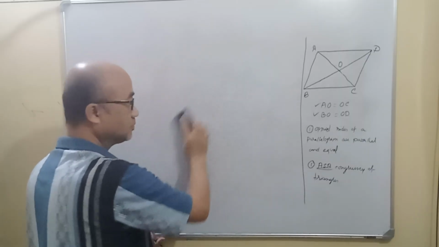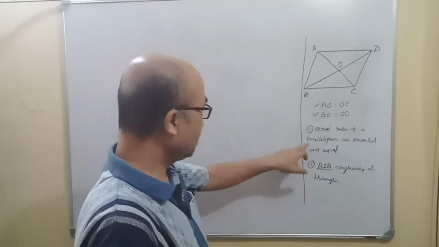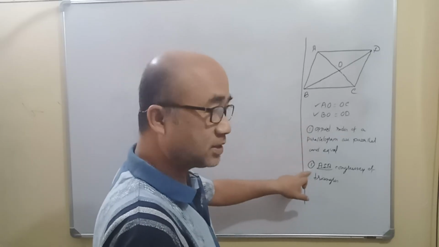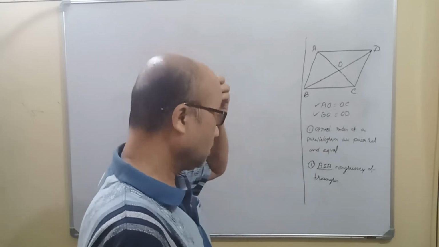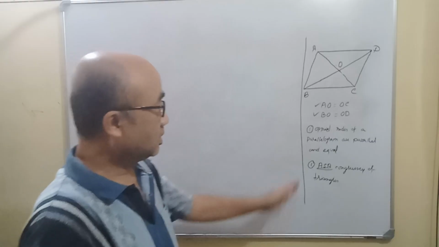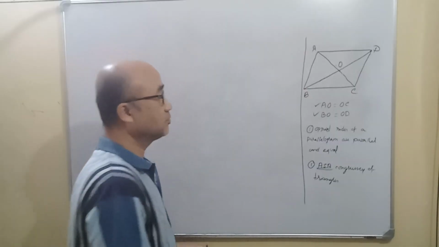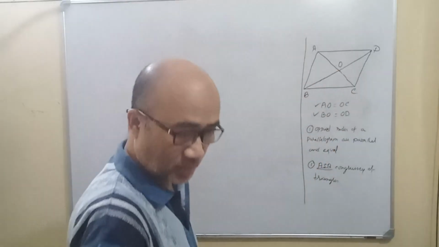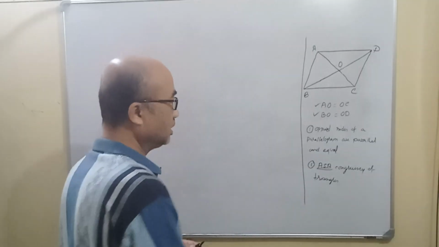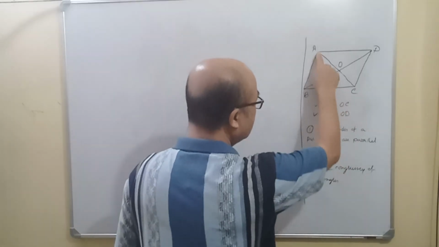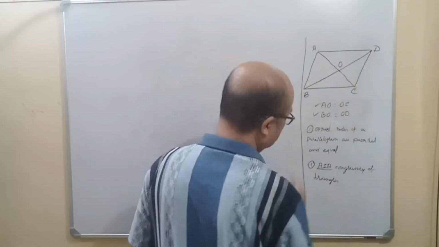So we will use this property of parallelogram and this congruency of triangles to prove that diagonals of a parallelogram bisect each other. That means they divide equally. When they bisect, they divide each other equally. That is, AO is equal to OC, and BO is equal to OD.